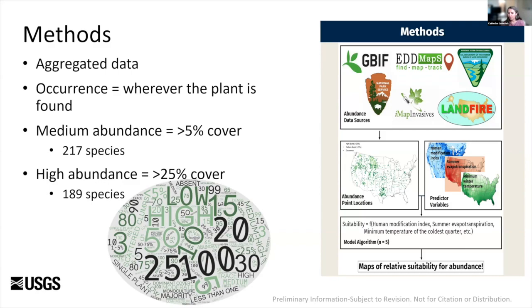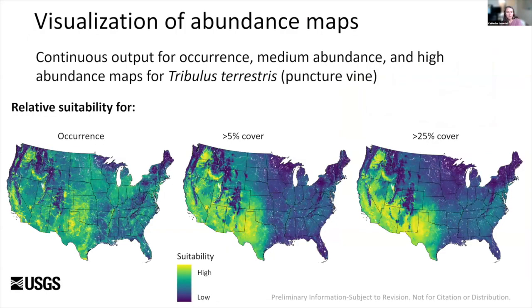That will be for 259 species, including occurrence information. We'll have models for 217 species for where there's habitat suitability for abundance, and models for 189 species of where there's habitat suitability for high abundance. This is an example of what the maps will look like on the website.